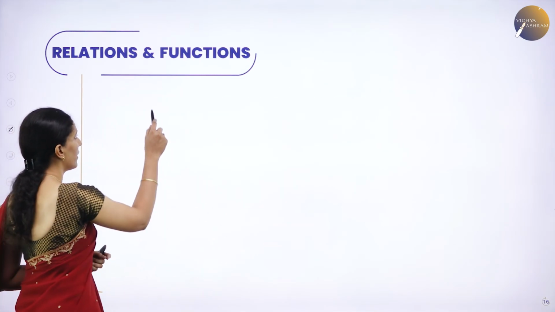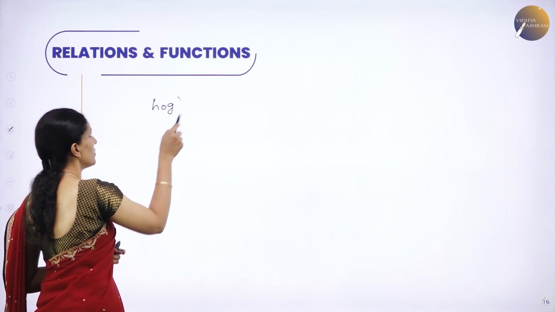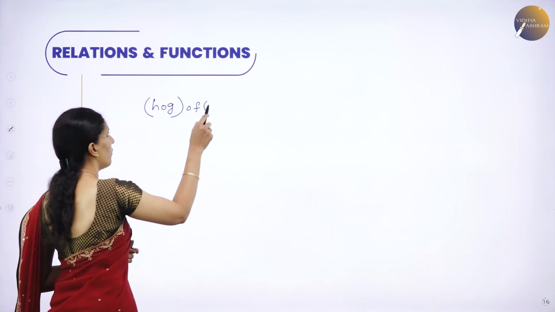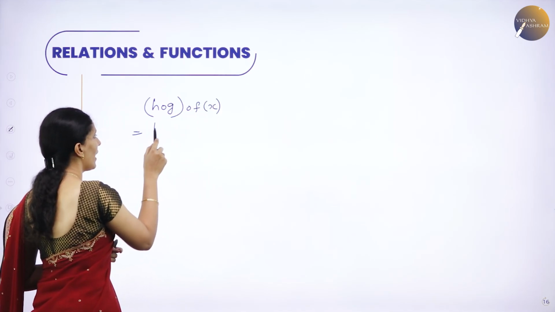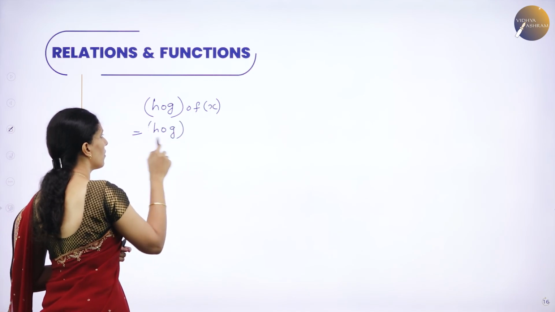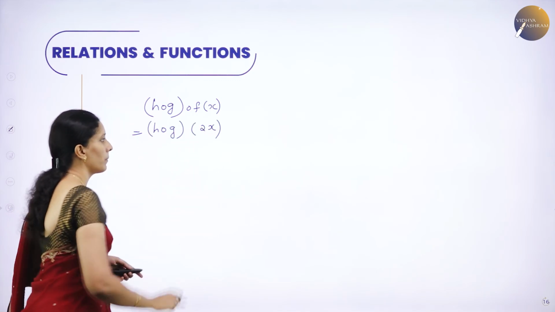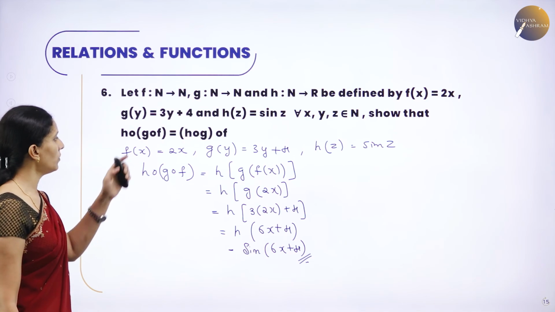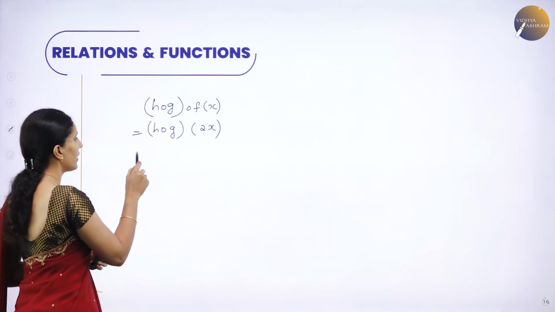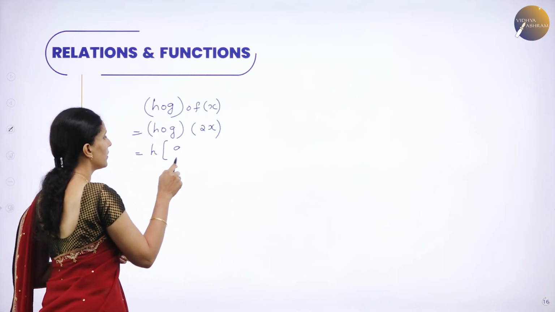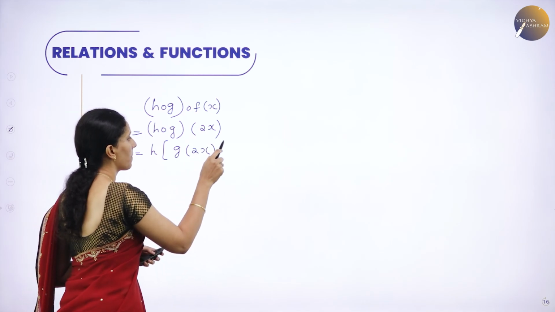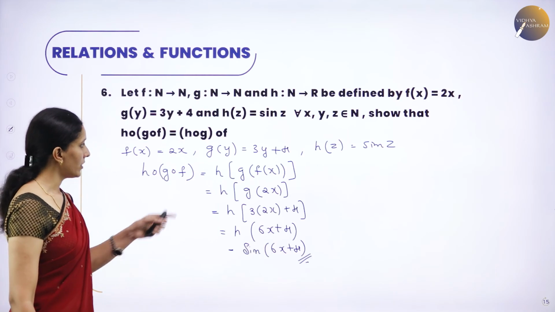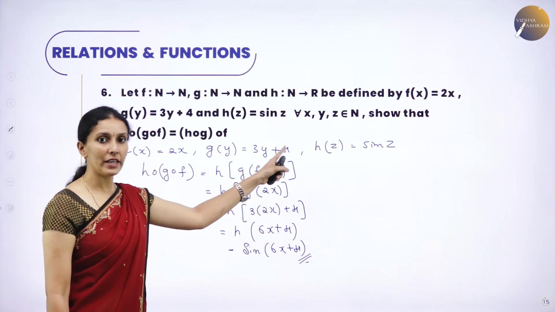Now let me take (h naught g) naught f of x. So here we have h naught g of 2x, because f of x is equal to 2x. Next, we can write this as h of g of 2x. What is g of y? g of y should be written in the form of 3y plus 4.